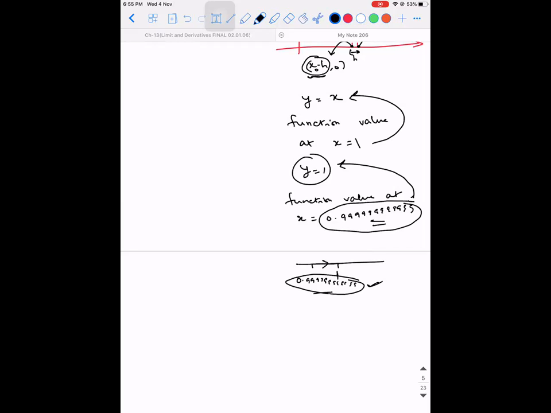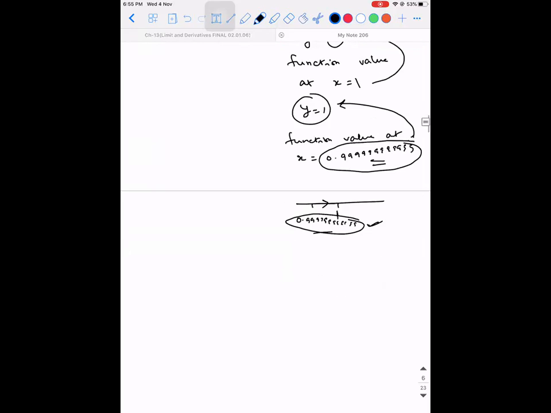So what this is trying to tell us is this particular function y is equal to x, when you draw it on the graph sheet like this, if this is 1, and if this is 0.99999, when I go on this side, I know that when I draw the graph, it is going towards 1, which is nothing but the function value at x is equal to 1. You're able to understand this?